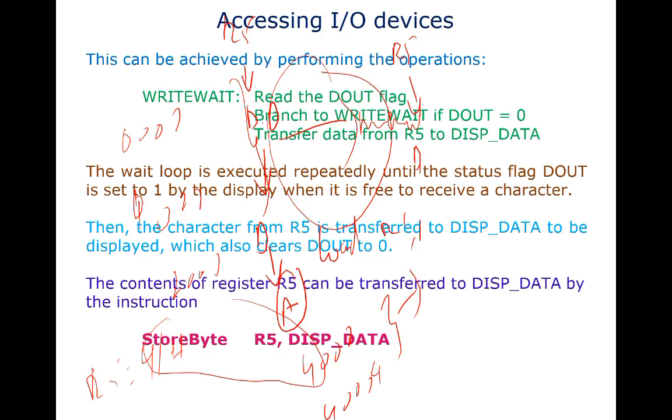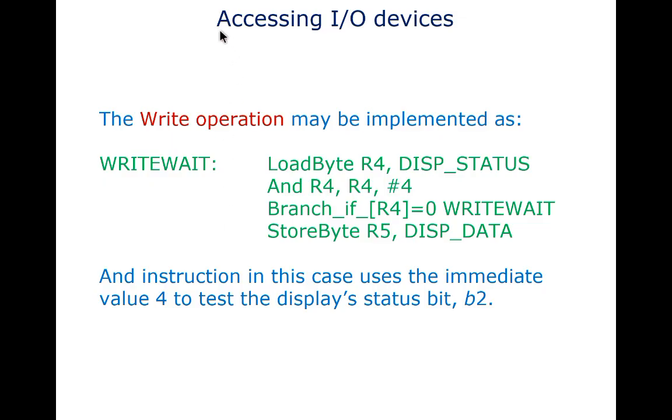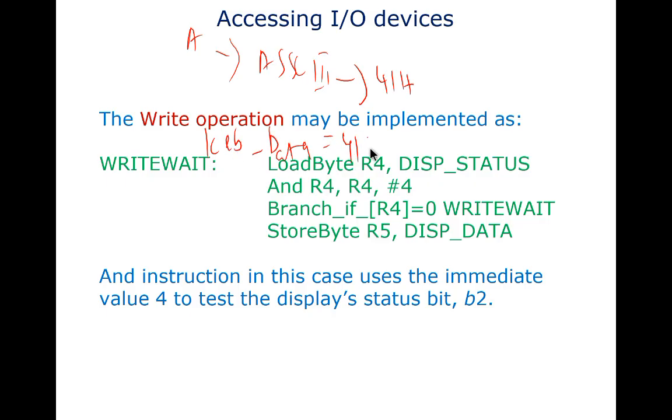If I press A, it goes to ASCII, which has the representation 41h. The next step is that the keyboard stores it. The keyboard data, which we discussed in the previous video, stores it as 41h. Then the keyboard interface sets KIN to 1.